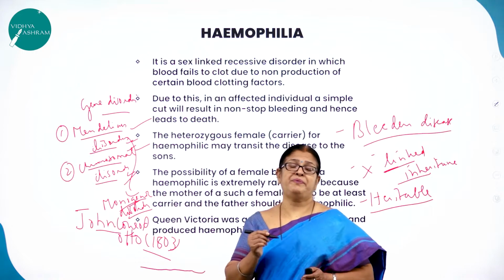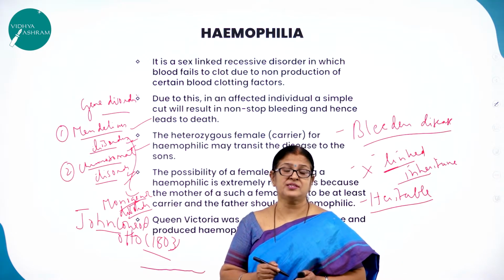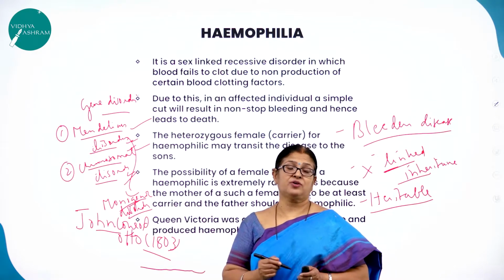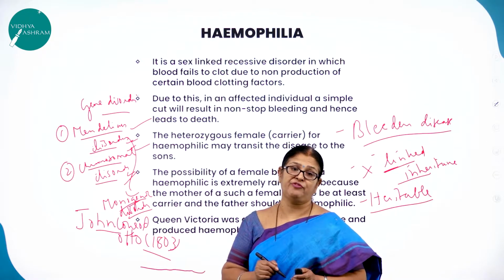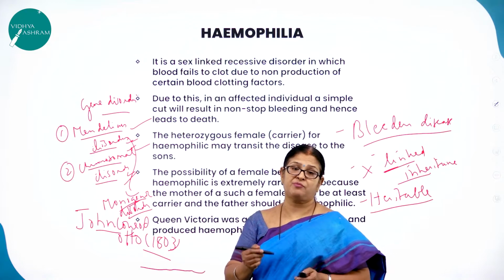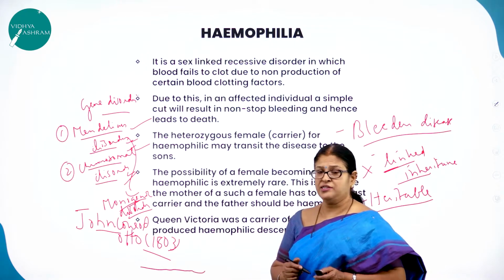The family pedigree analysis indicates that Queen Victoria had a number of descendants who had this hemophilia, and it was transferred from one generation to another generation.